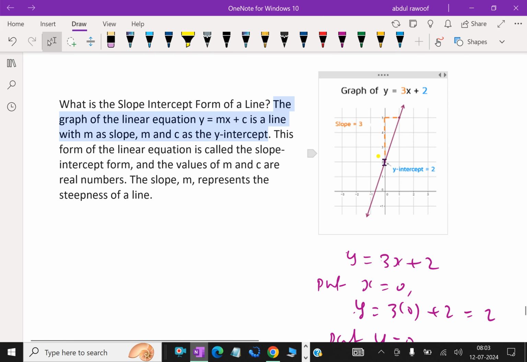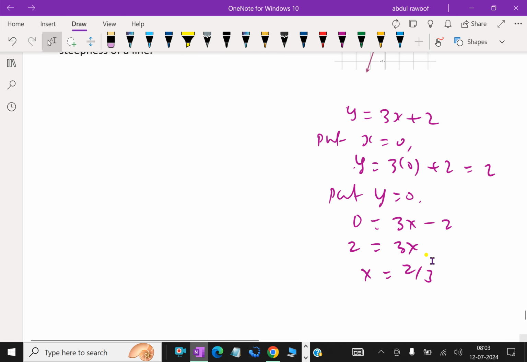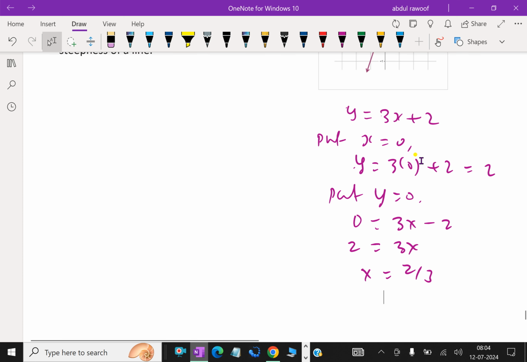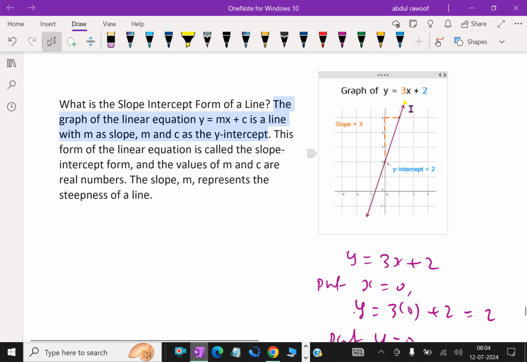Here the y-intercept is 2, this point, and the x-intercept is minus 2 over 3. So, note these points, put these points for x and y, and join the line. This is the graph of that line.